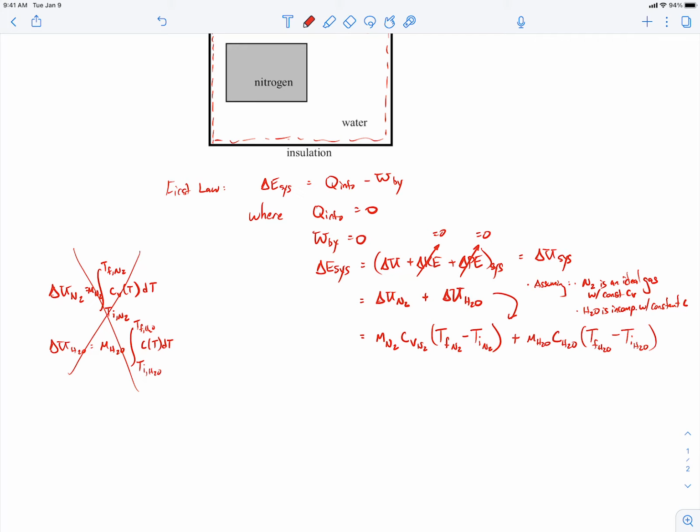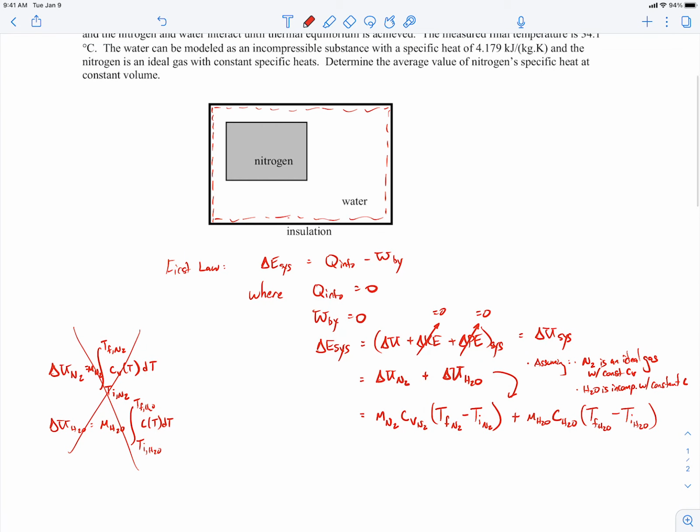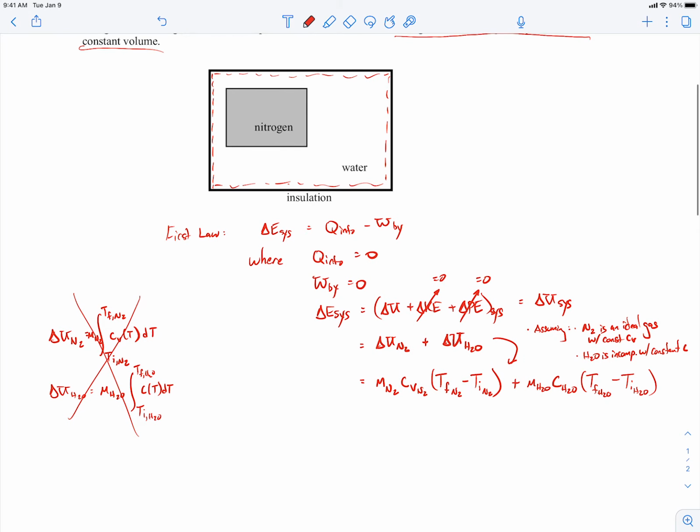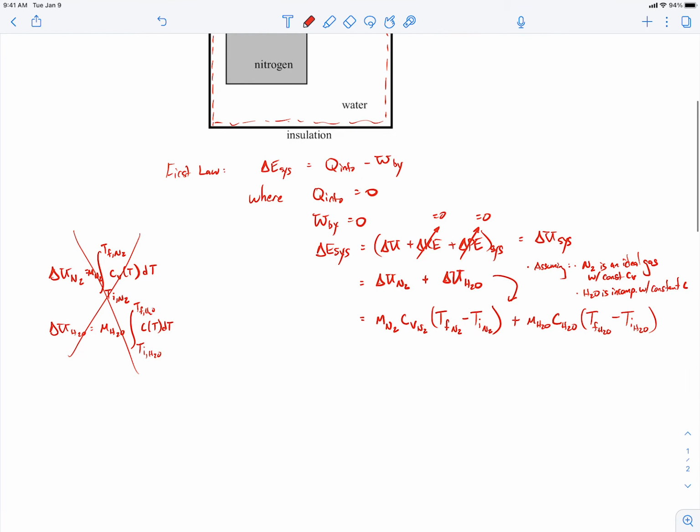All right, so remember that what we're trying to solve for in this problem statement is the average value of the nitrogen's specific heat at constant volume. So what I'm going to do is just take these expressions here, plug them back into the first law, and then just solve for the C sub V. So if I do that, I'm going to get the following.